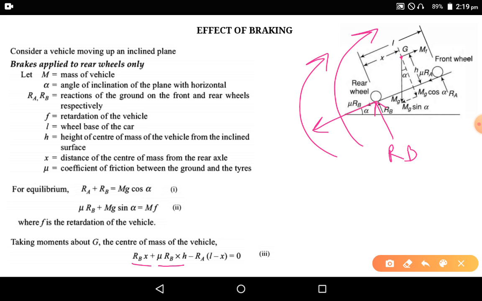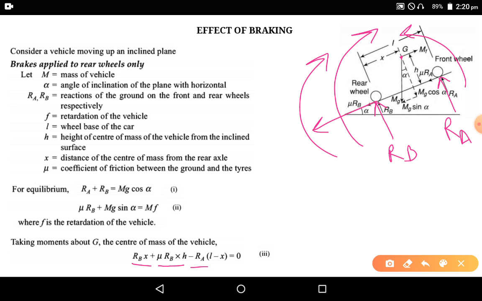Then we will take the reaction force of the front wheel, which is Ra, and this reaction force will try to rotate the vehicle around the center of mass in the counterclockwise direction, right? That's why we have taken this as minus. So minus Ra into what is the distance?